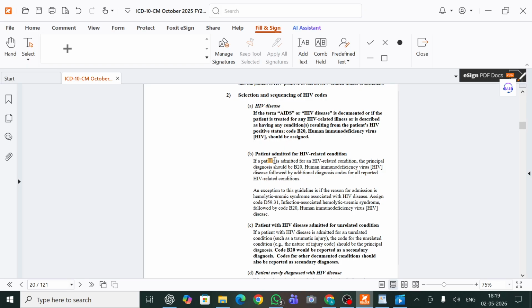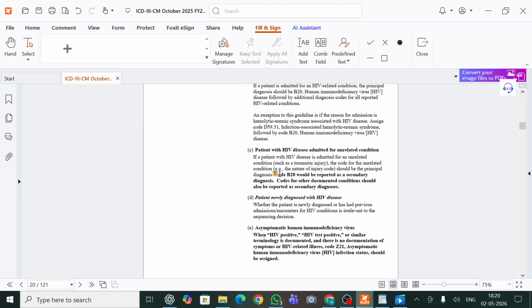Second condition is patient admitted for any HIV related condition. That is a symptomatic condition. Sometimes the patient has AIDS and has some symptoms. If you know these are HIV related symptoms, at that time we will code B20 directly.